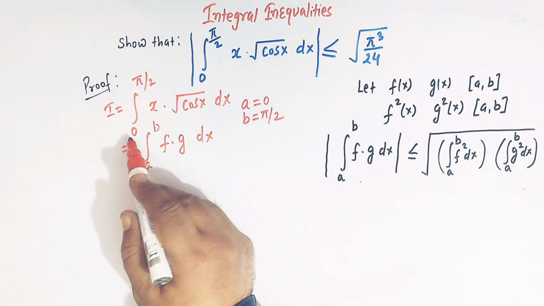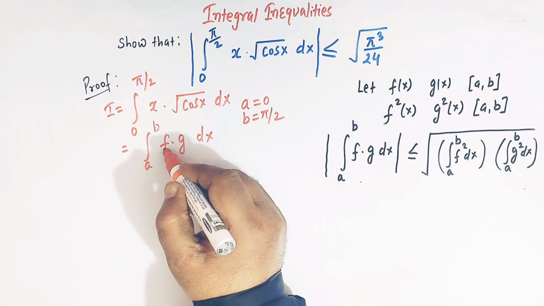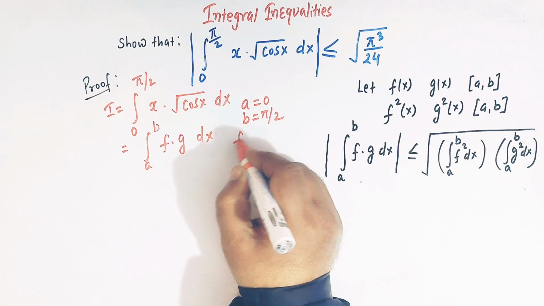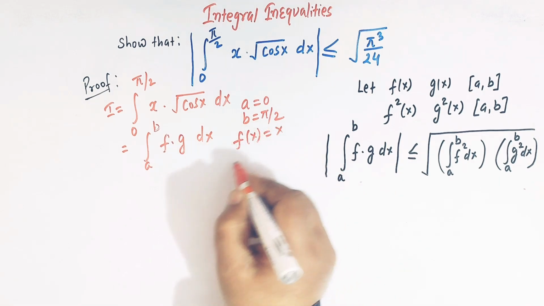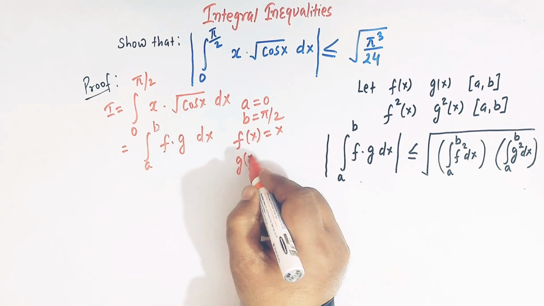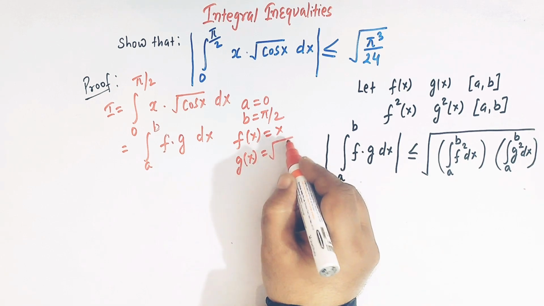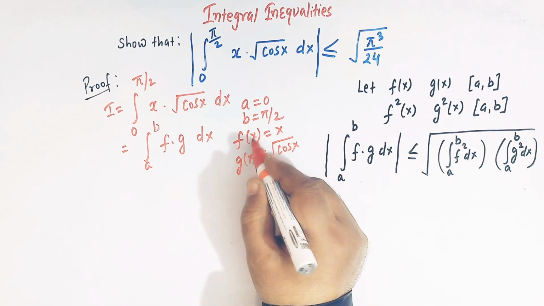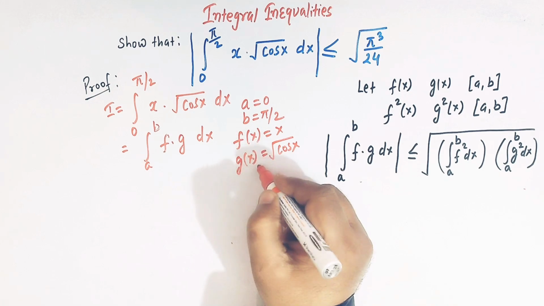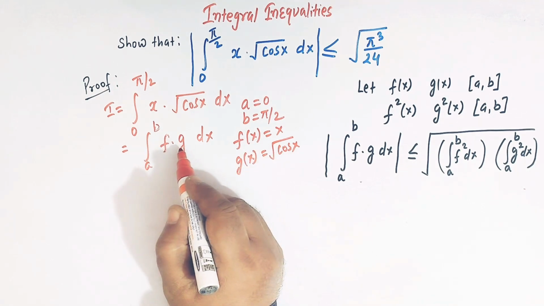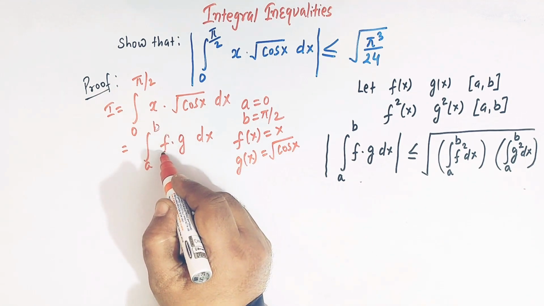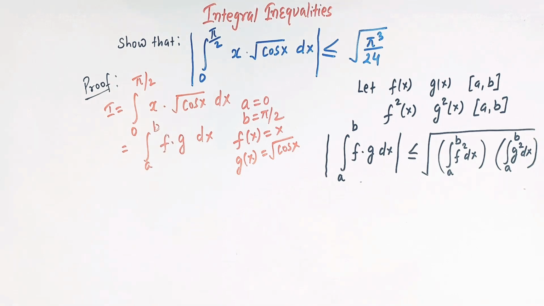The lower limit is 0, the upper limit is pi by 2, and the function f may be taken as x, and the function g of x may be taken as square root of cosine x. We may also interchange the functions. Either we can take g of x or f of x as square root of cosine x.